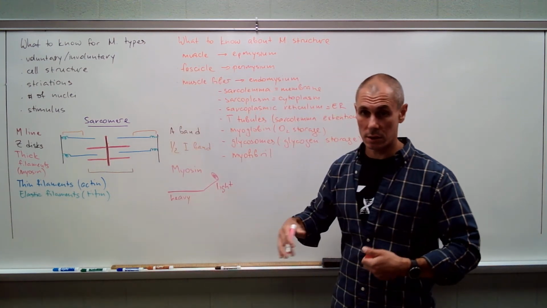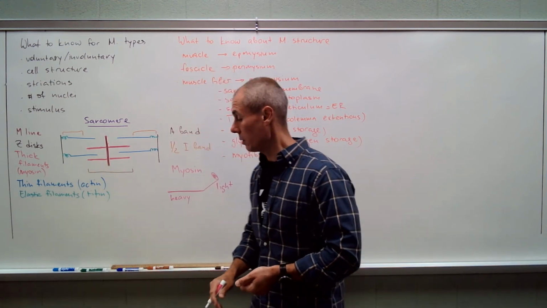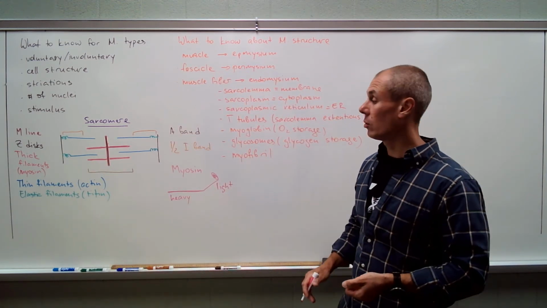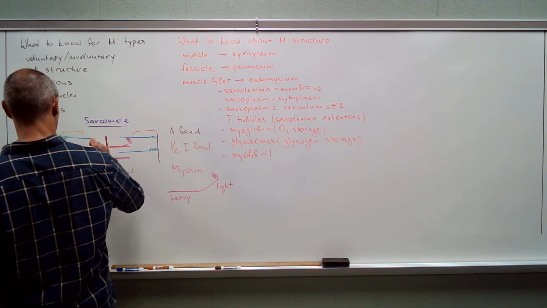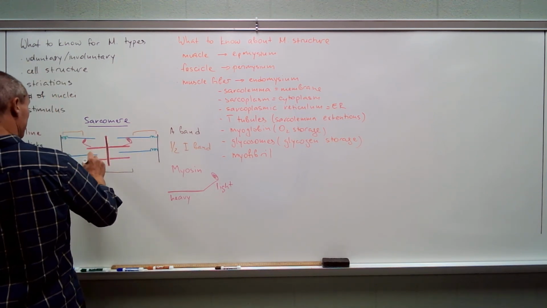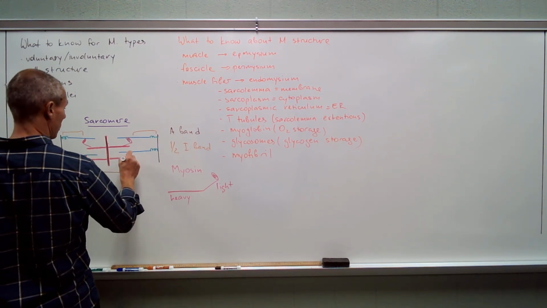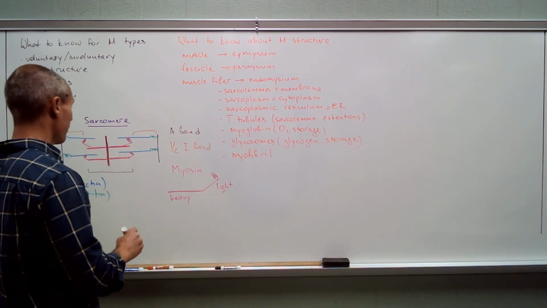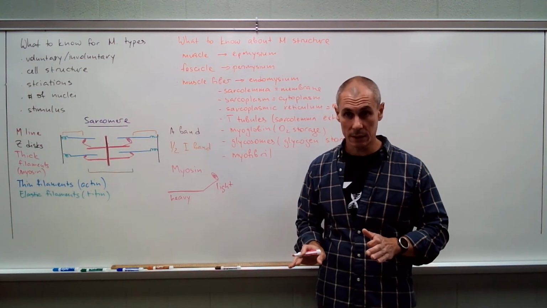The heavy chain is the structural component. It forms the filament. The light chain forms the so-called myosin head. Not the greatest picture in the world, but okay, I can live with it. So these are myosin heads. You with me so far?